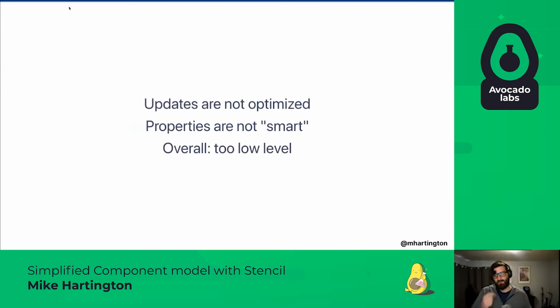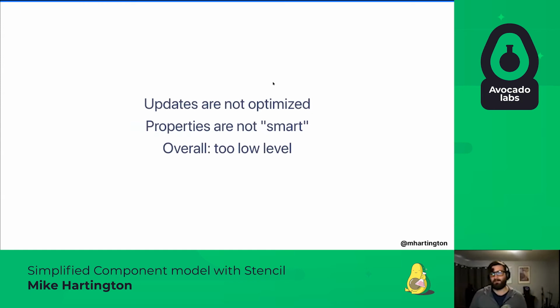So some things that I have that are kind of gripes. Updates aren't optimized. So if you're constantly doing reads and writes to your internal template, you're not doing any smart diffing of that DOM. So no virtual DOM or incremental DOM if you're coming from different frameworks.